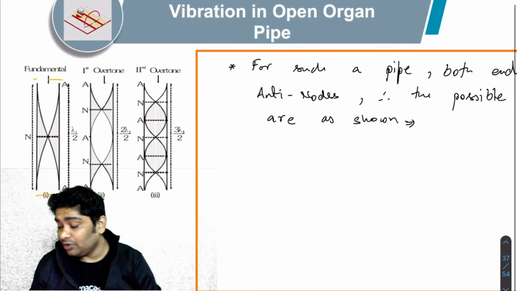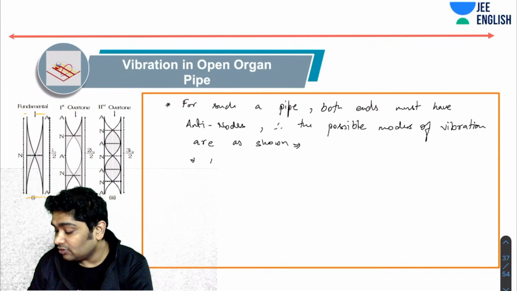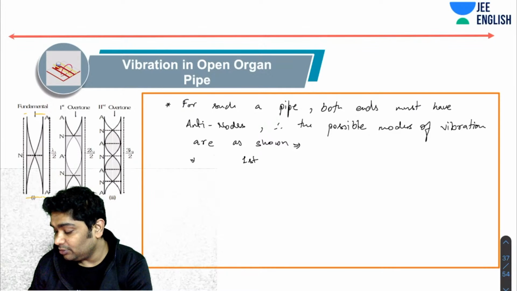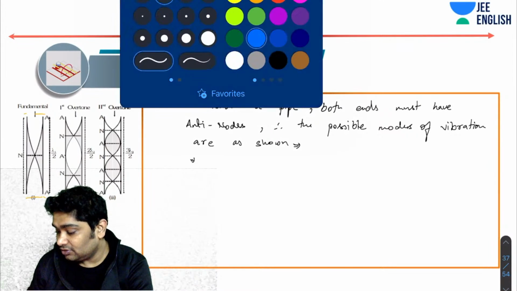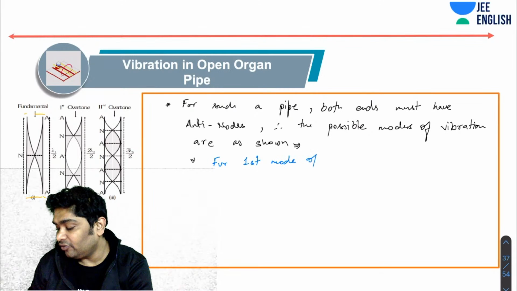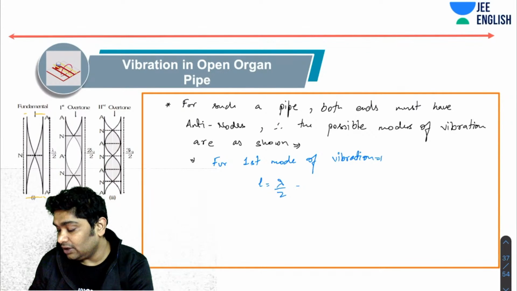Right. So what you have is therefore for the first mode of vibration, that with blue color. What you will realize is that L equals lambda by 2 and lambda equals 2L.